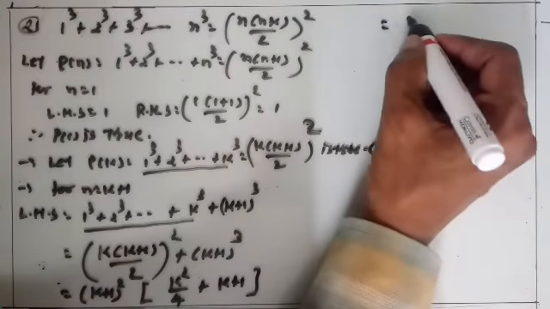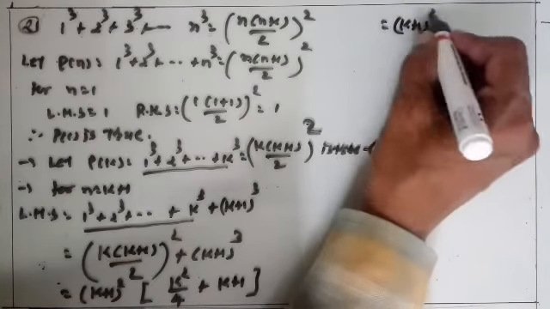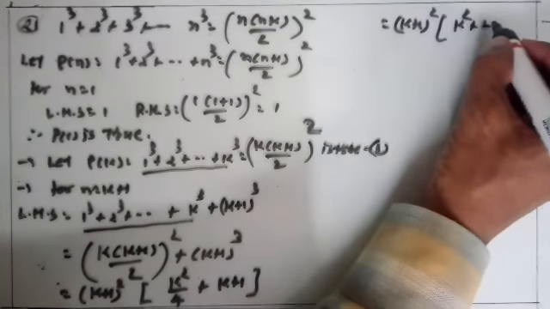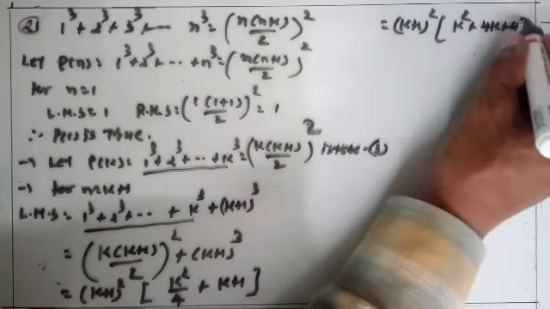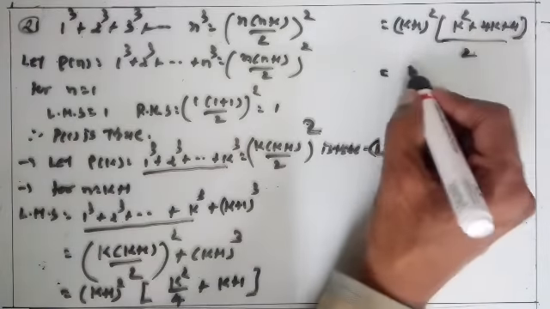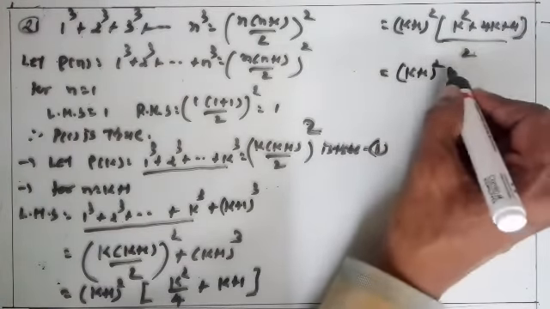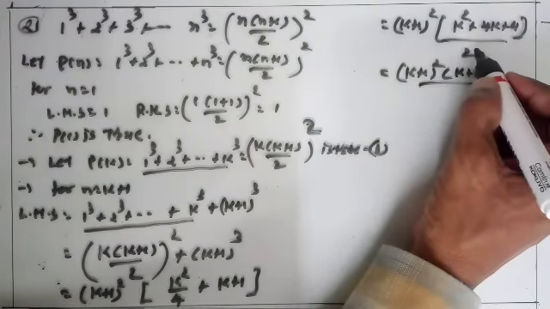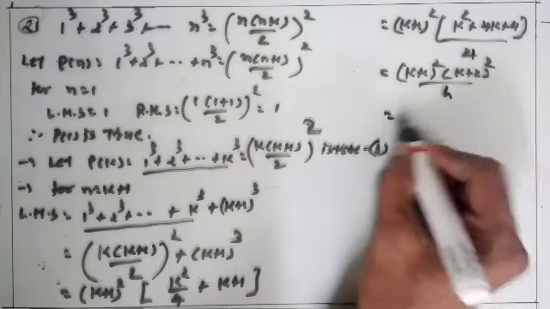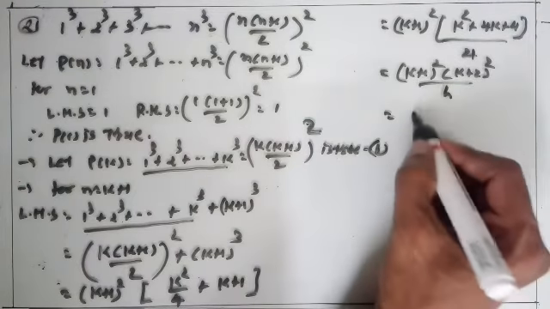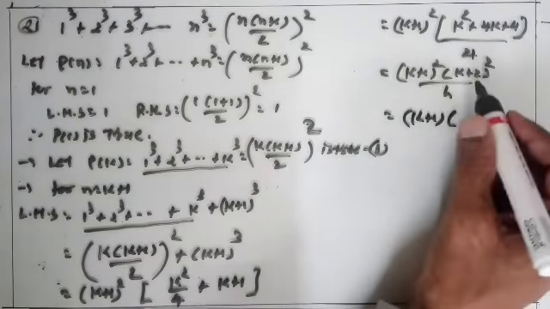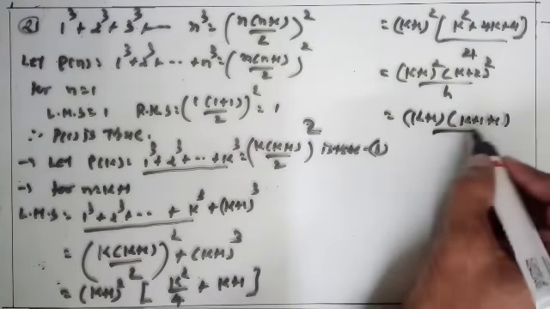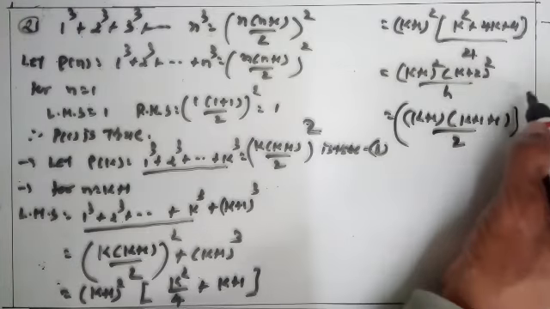Now simplification: k plus 1 raised to 2 into bracket k square plus 4 take LCM, 4k plus 4 upon 4. So it is equal to k plus 1 raised to 2 and this becomes a perfect square, k plus 2 raised to 2 upon 2 square, which is 4. So now take the square outside, so we get k plus 1 into k plus 2 changed into the form of k plus 1 upon 2 raised to 2.